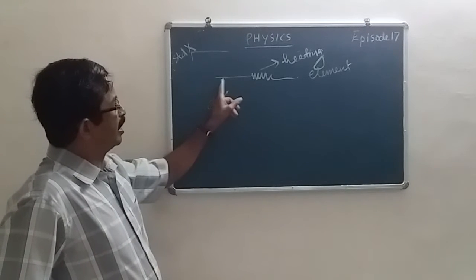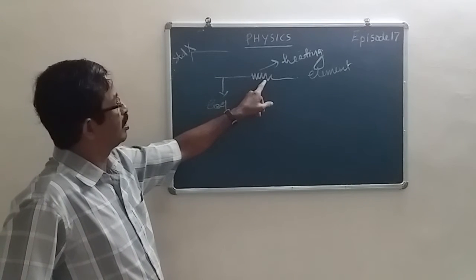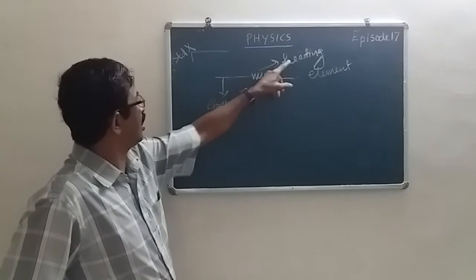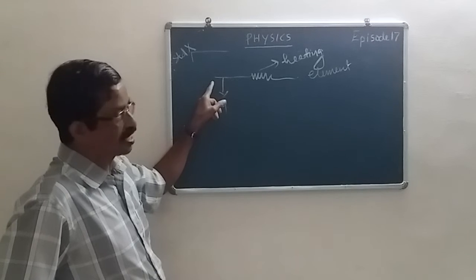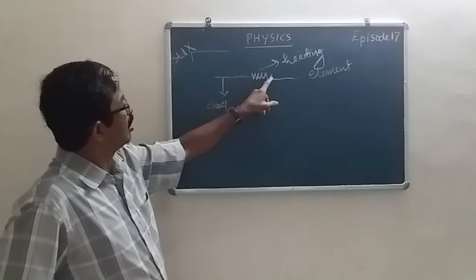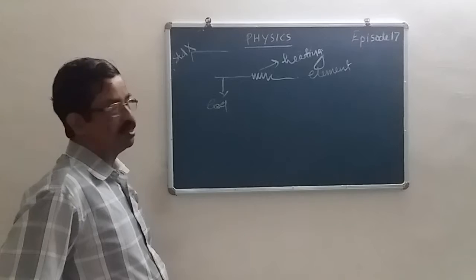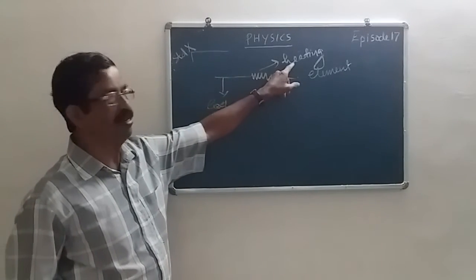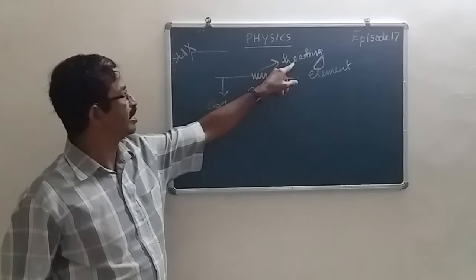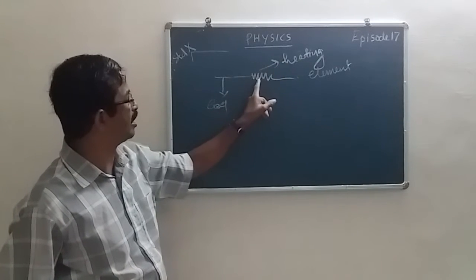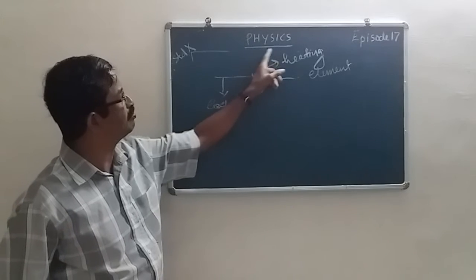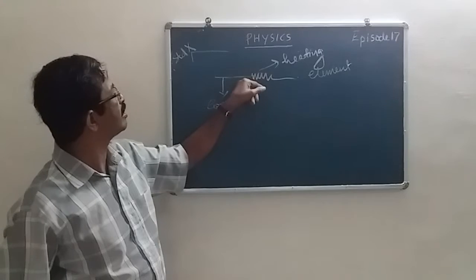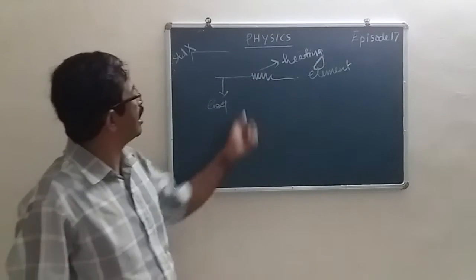See, when electric current passes through this cord, the current through this heating element and this cord will remain the same. That means current through these two are the same. But you see, the resistance of this heating element is very high. Because of that, it becomes red hot, or it will glow with heat like that of a fire.